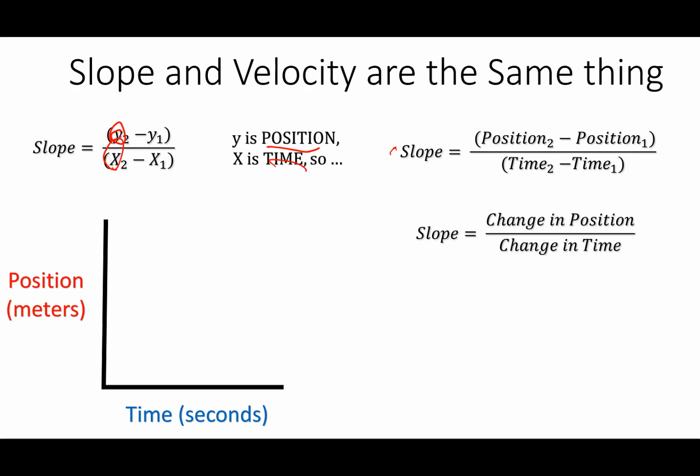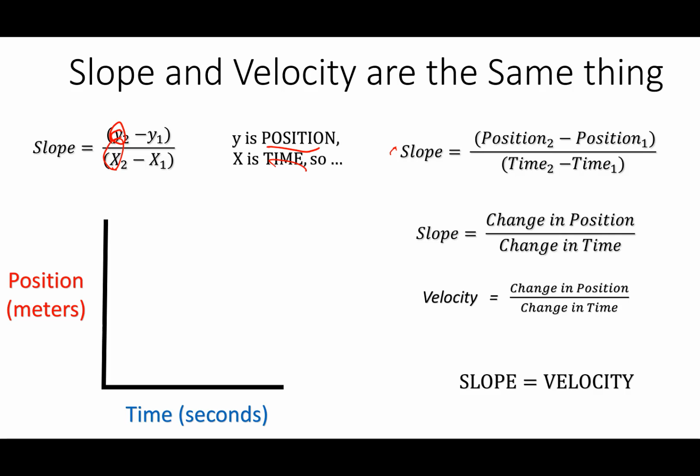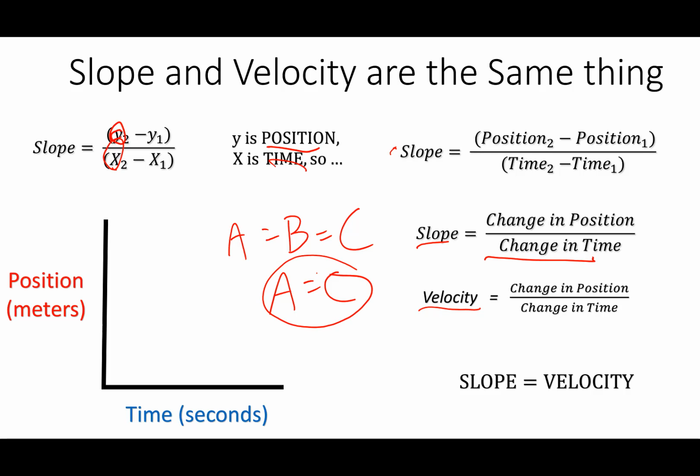That's the change in position over the change in time, which you remember is the formula for velocity, right? As long as you remember the positive negative directional sign. So if A is equal to B is equal to C, then that means that A is equal to C, right? So if slope is equal to this, which is equal to this, then they are equal to each other. That's a more in-depth mathematical proof if you wanted one.